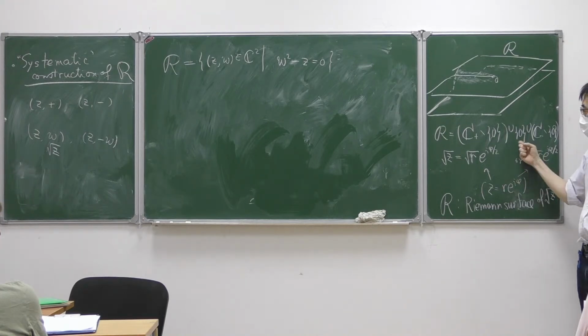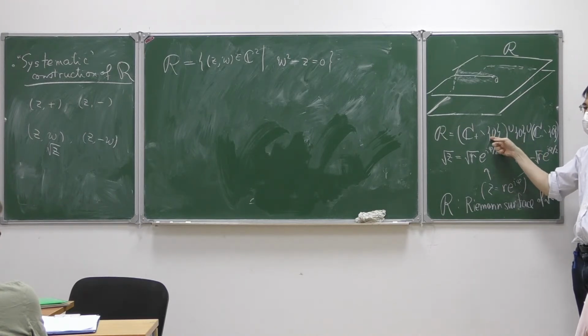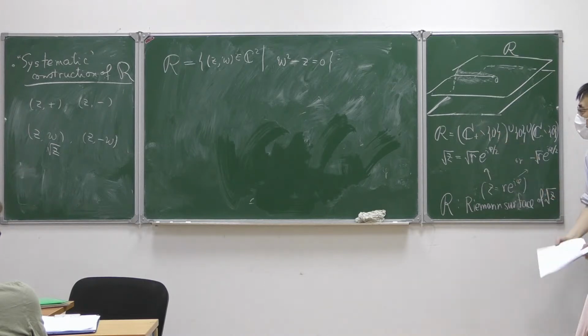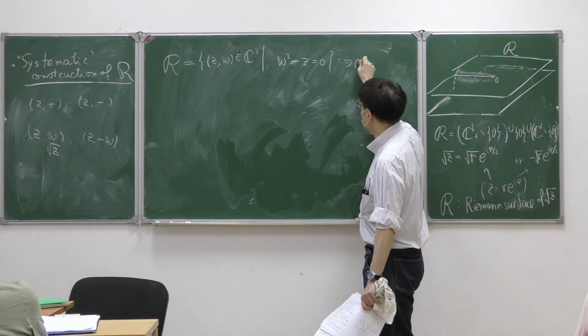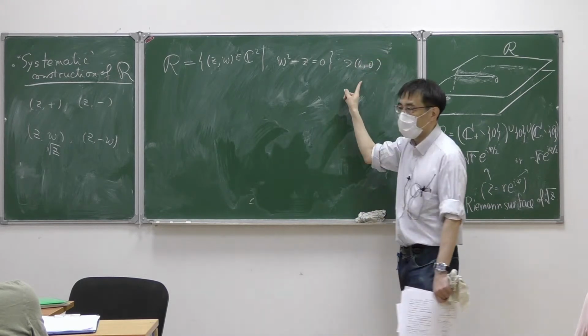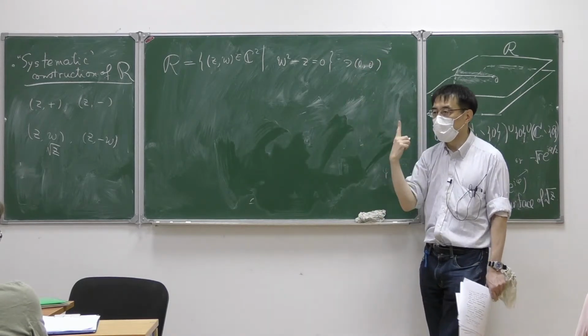Well, we have to subtract 0 as an exception and add 0 later. But in this description, 0 is naturally included, just as 1 point.